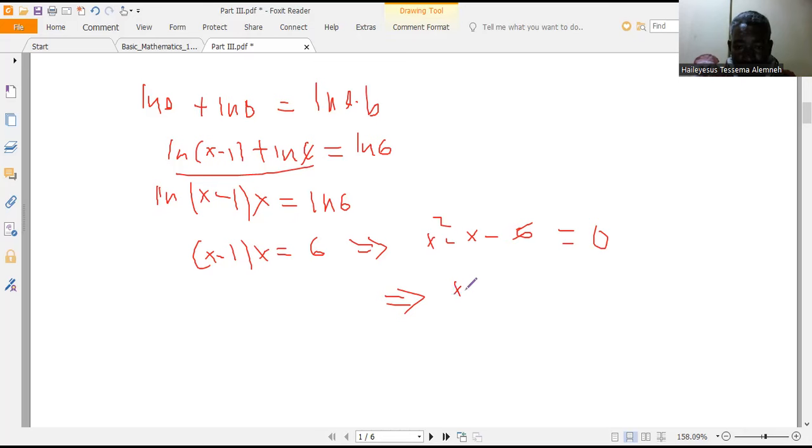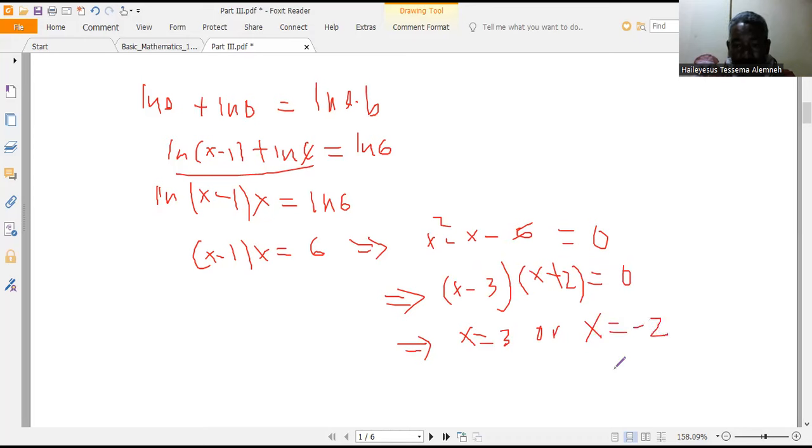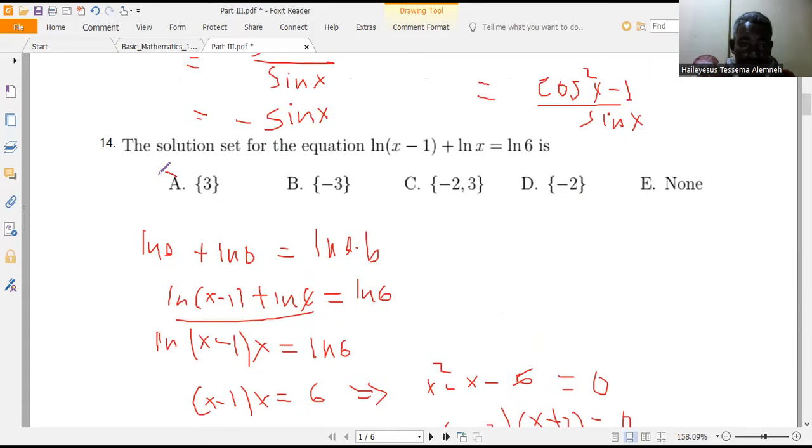Therefore, x minus 3 times x plus 2 is equal to 0, so x is equal to 3 or x is equal to minus 2. From the domain of the logarithm function, x equal to minus 2 is not an element. Therefore, the only solution is x equal to 3, from the set of alternatives.